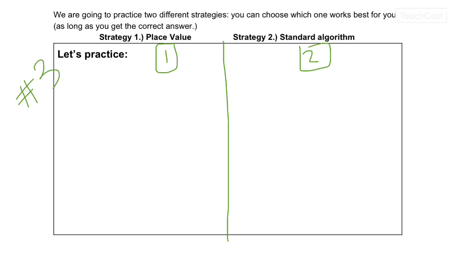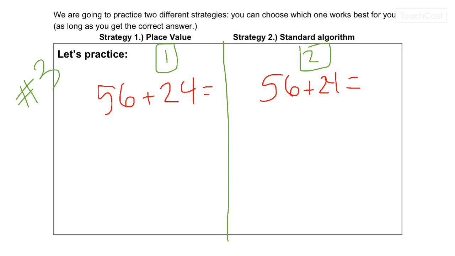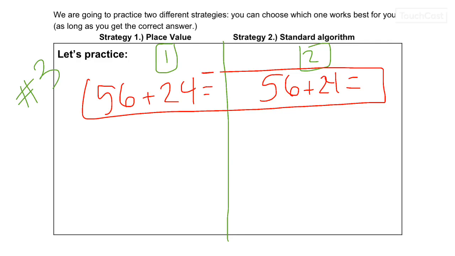This one we're going to do is number 3. We're doing 56 plus 24. So go ahead and pause, pick which one works best for you, and then press play when you're ready to check your answer.